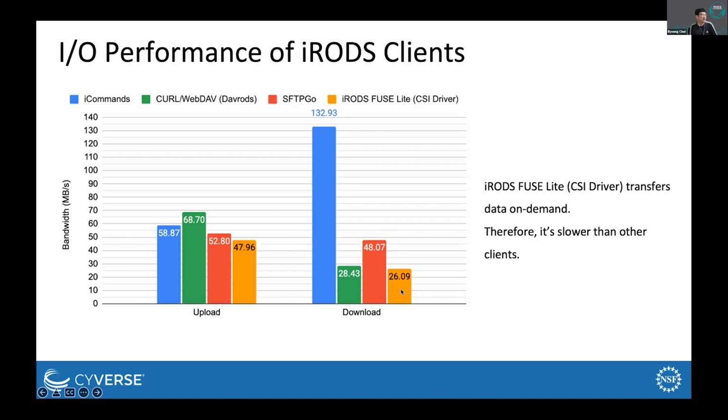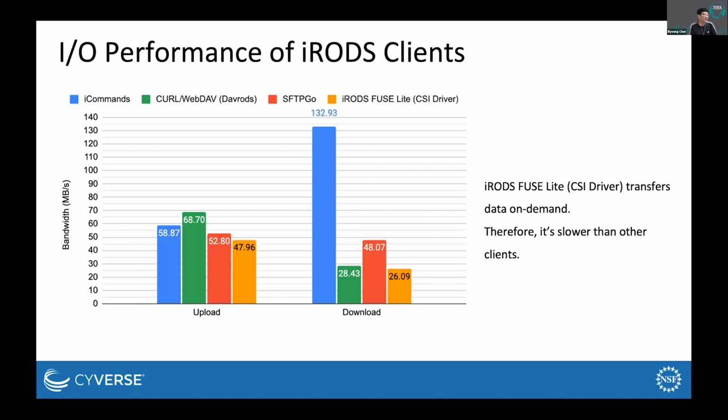This is because iRODS Fuse Lite transfers data on demand. Other iRODS clients used in the benchmark do not transfer data on demand. They transfer whole data files sequentially. This is why iRODS Fuse Lite showed reduced I/O bandwidth, because it requires a lot of request-response exchanges.